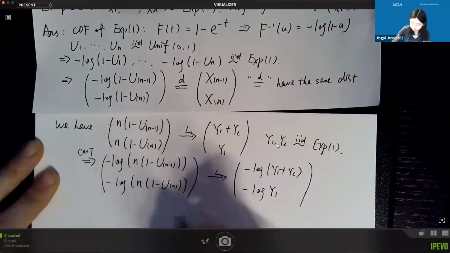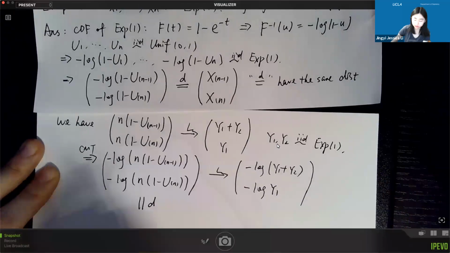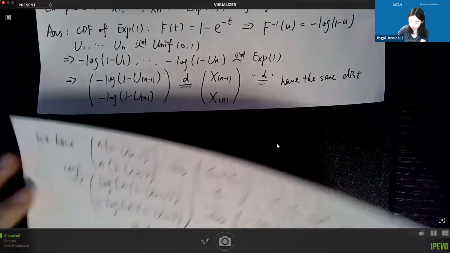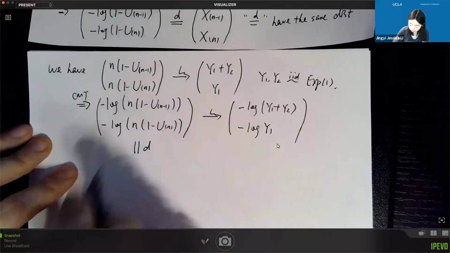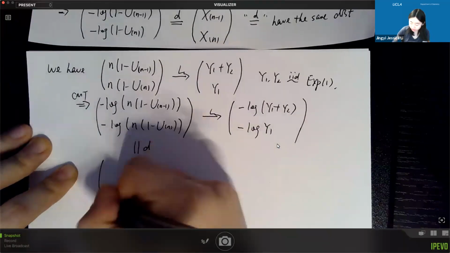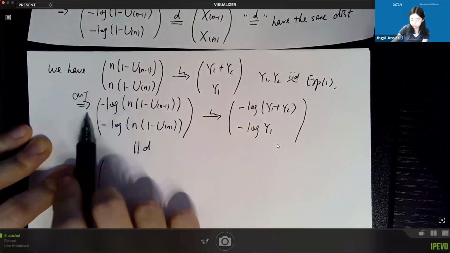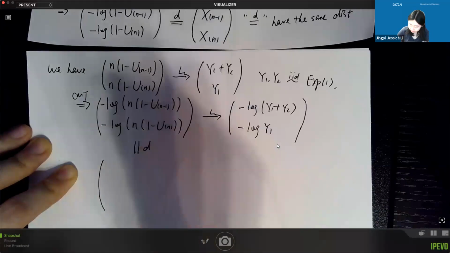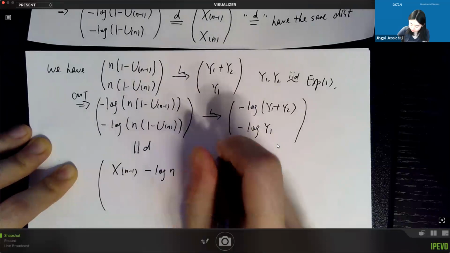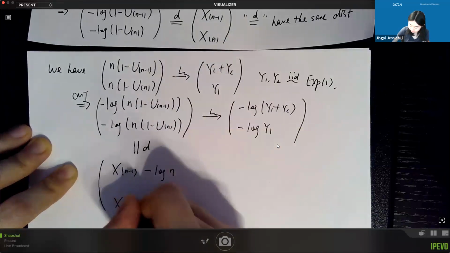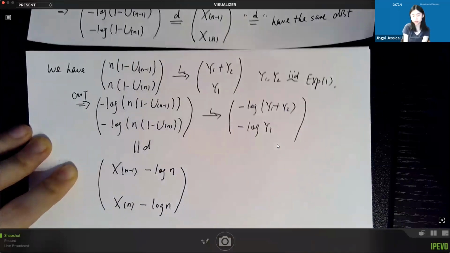The left-hand side is equal in distribution to, because of the log property, log n can get out, X_{n-1} minus log n and X_n minus log n. That's it, I'm done.